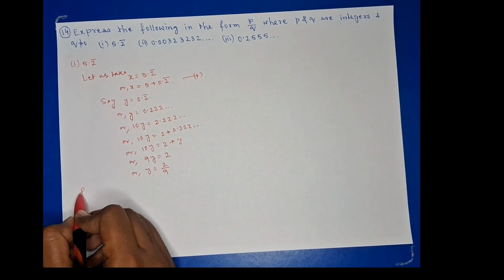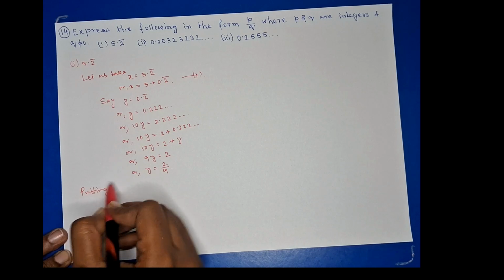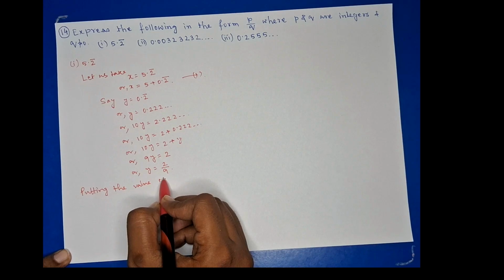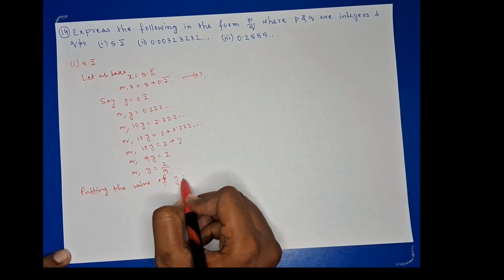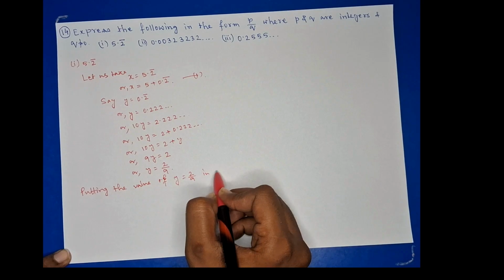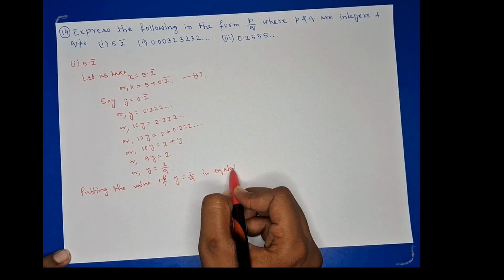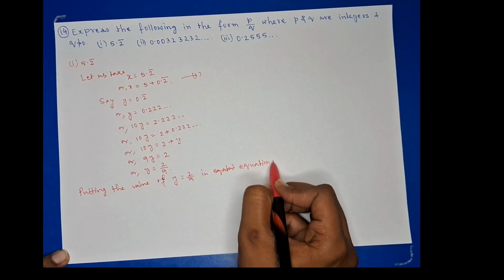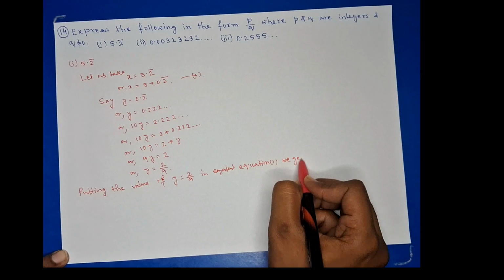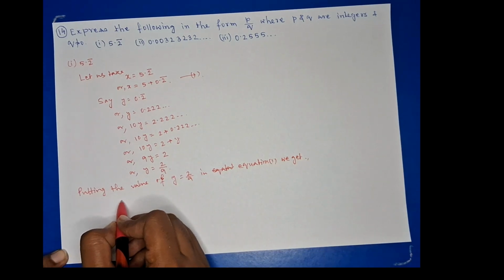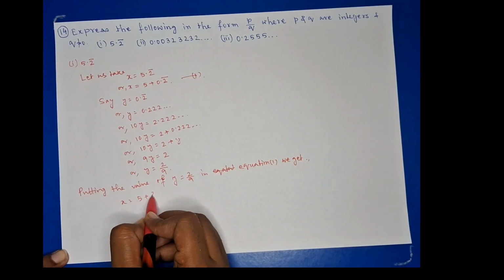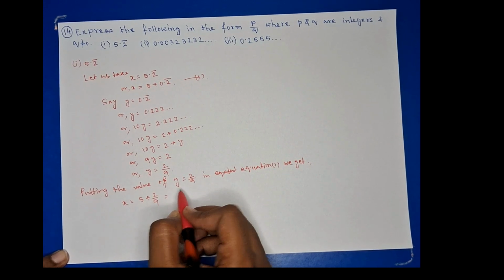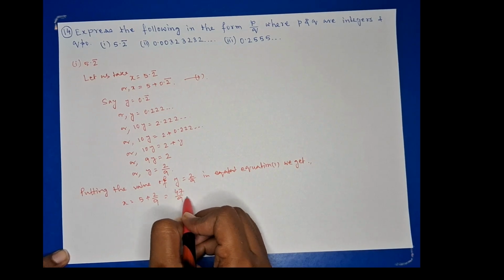So putting the value of y is equal to 2 by 9 in equation 1, what do we get? x is equal to 5 plus 2 by 9, that is equal to 5 nines are 45 plus 2, 47 by 9.